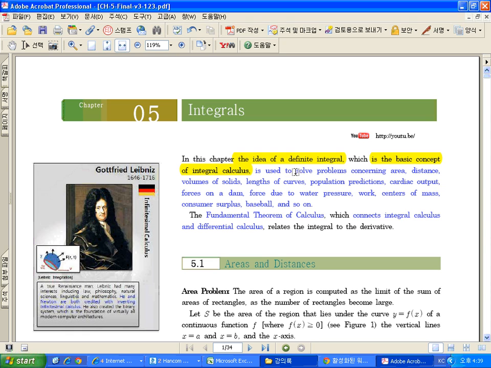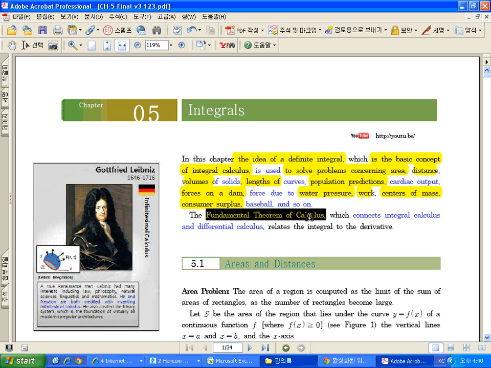This will be used to solve problems concerning area, distance, volume, length, population prediction, forces on a dam, water pressure, work, center of mass, consumer surplus, etc. So it has a lot of applications.